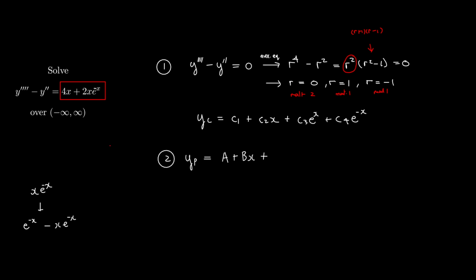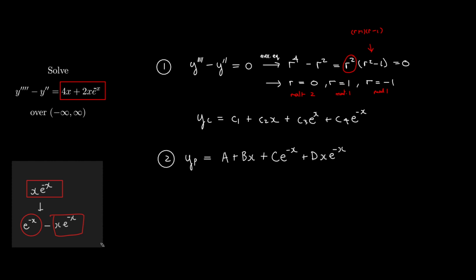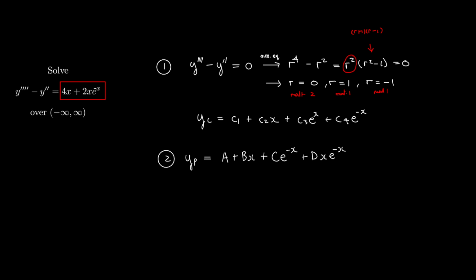So this term here is contributing two different terms, two different functions. And so what we're going to do is have a general linear combination of them, which is going to be c e to the negative x plus dx e to the negative x here. Okay, great. So that's our guess here. So we guessed this function here.